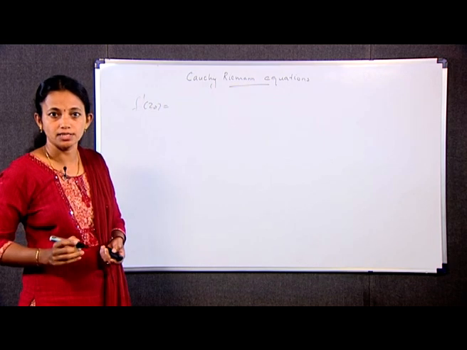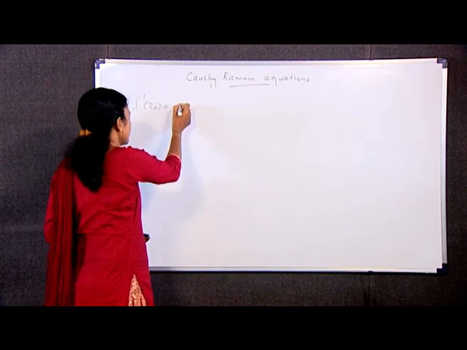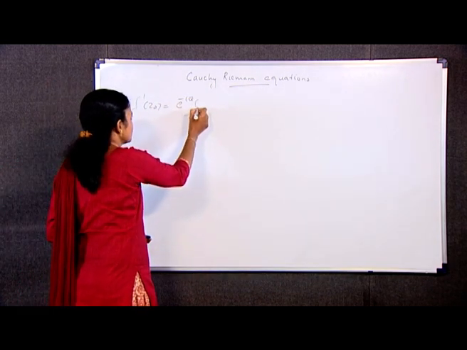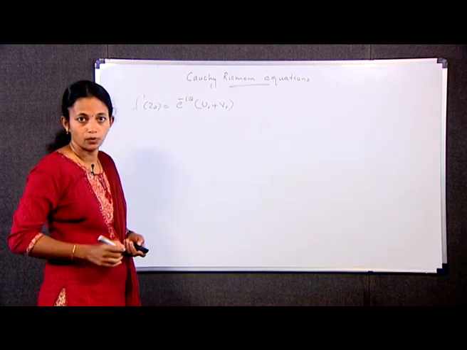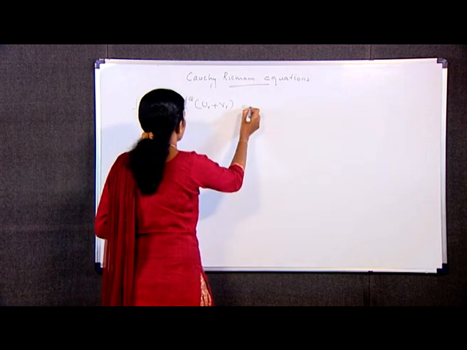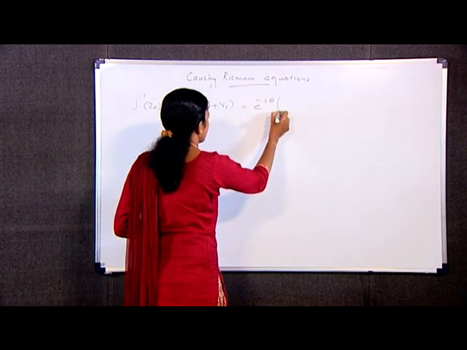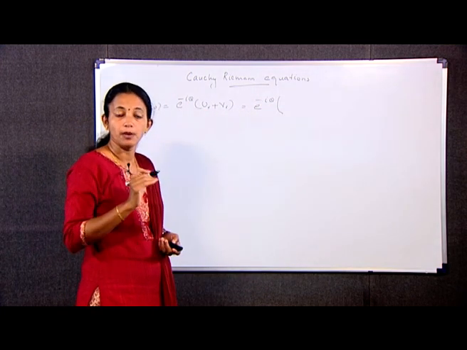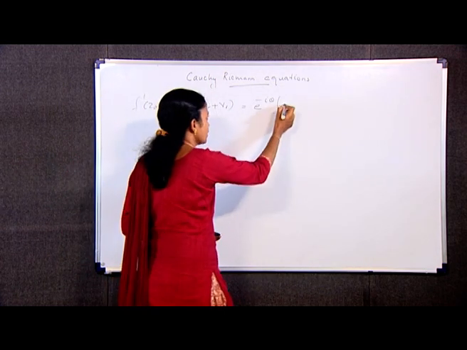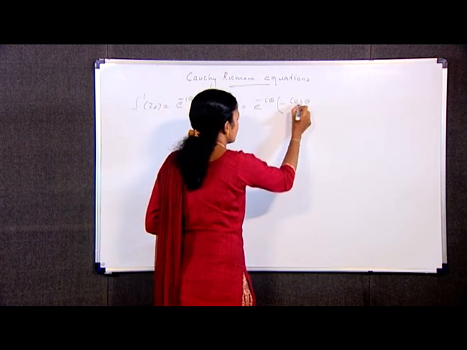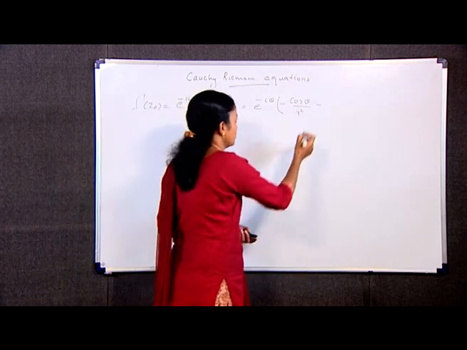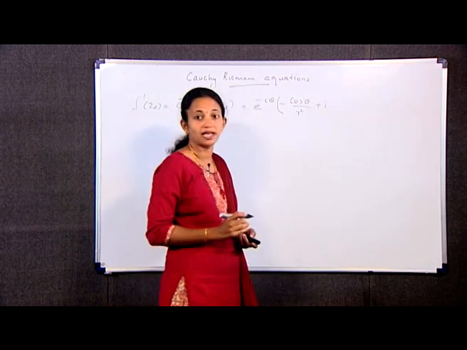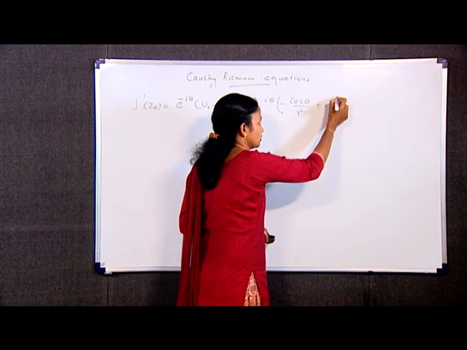f dash z naught is equal to e raised to minus i theta into (u r plus i v r). Our u r is minus cos theta by r square, and of course v r is plus i into sin theta by r square.